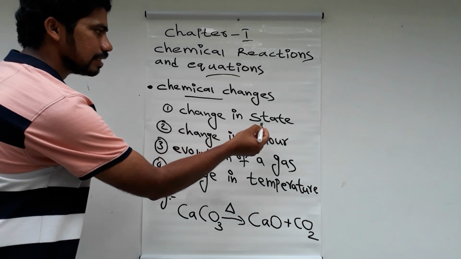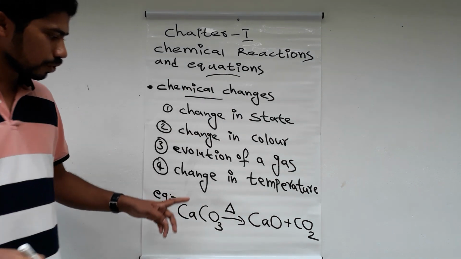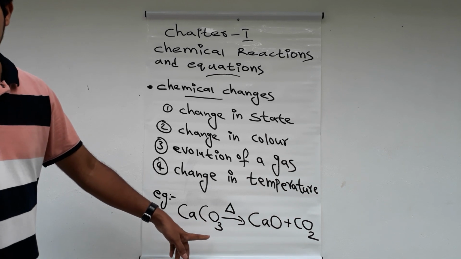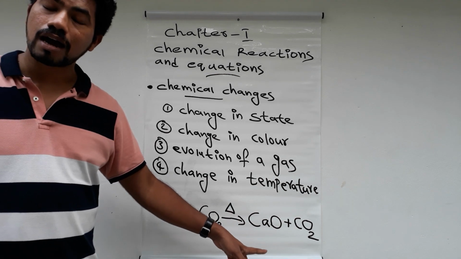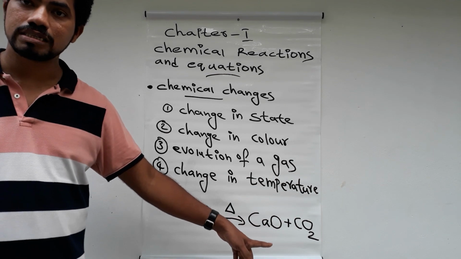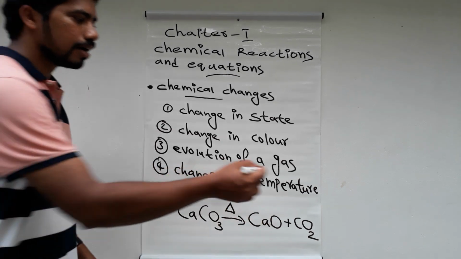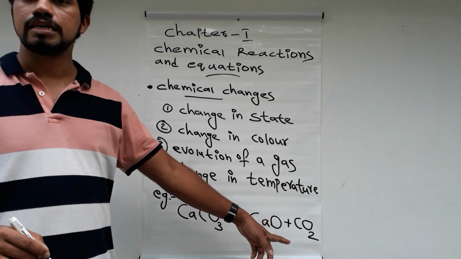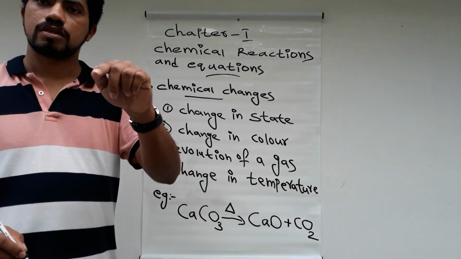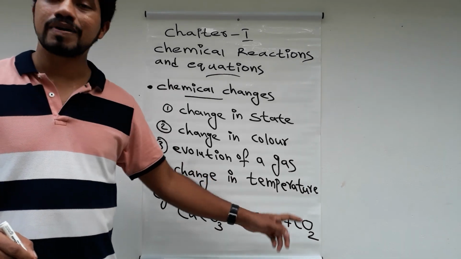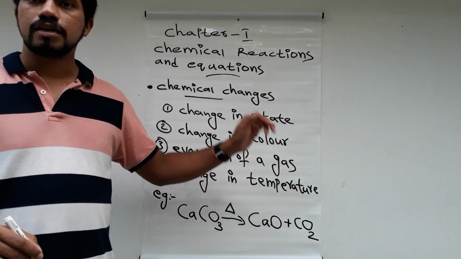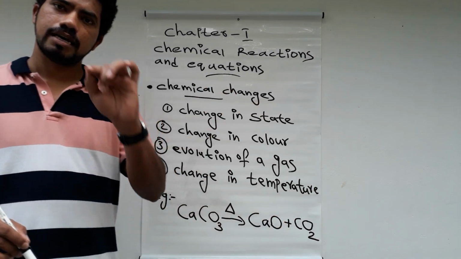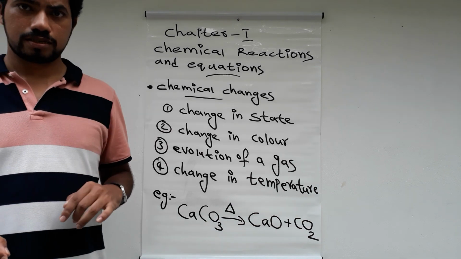And change in state is also happening, because you know calcium carbonate is a solid, while calcium oxide is a solid, but carbon dioxide is a gas. Carbon dioxide is a gas. You already got carbon dioxide as a product. Its physical state is gas, gaseous state.